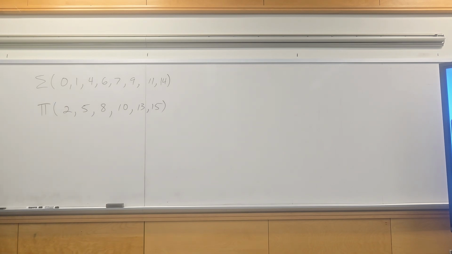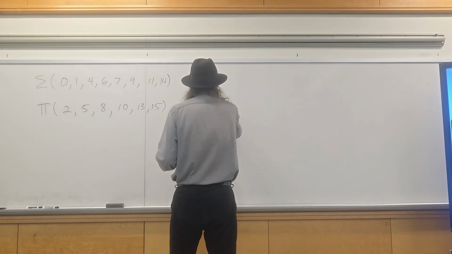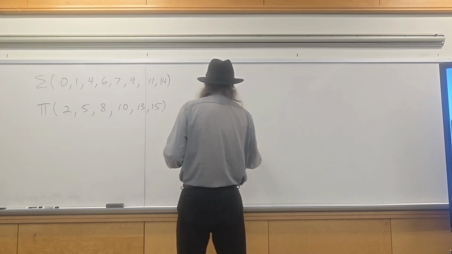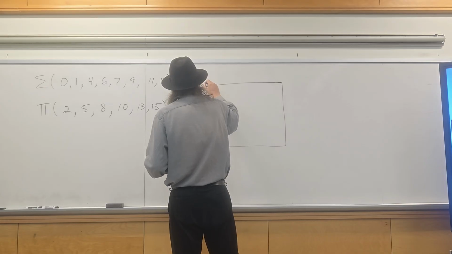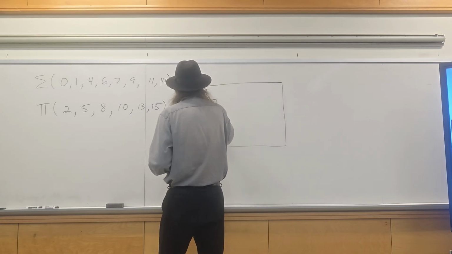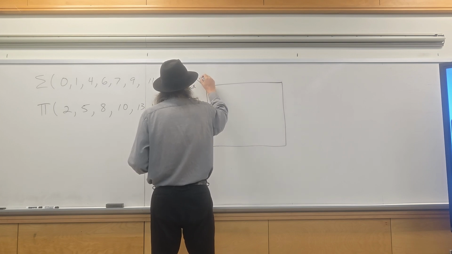Where's the 12? Don't care. If you do this out in the K-map, this is 4 variables, so W, X, Y, Z.